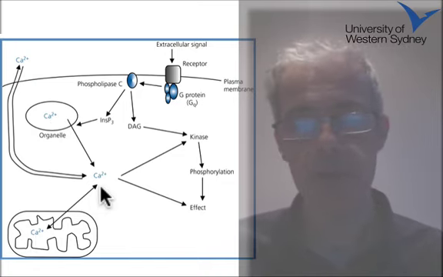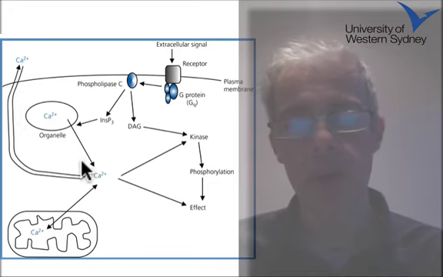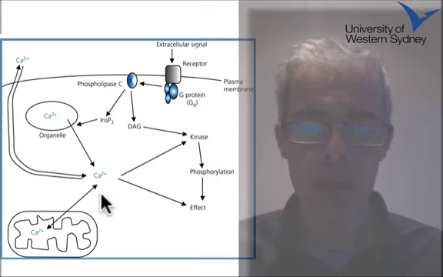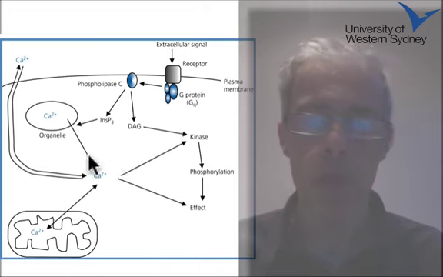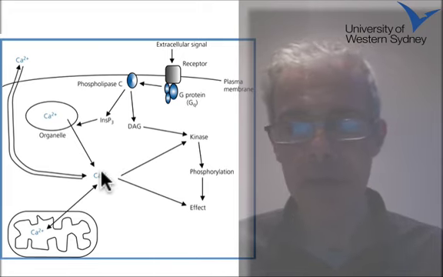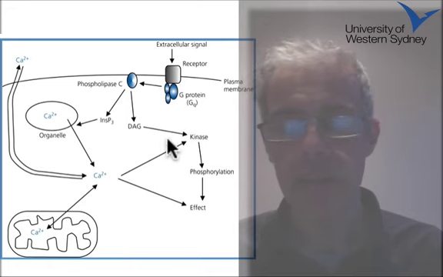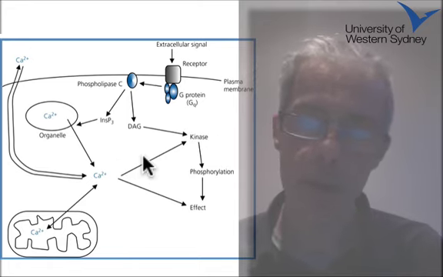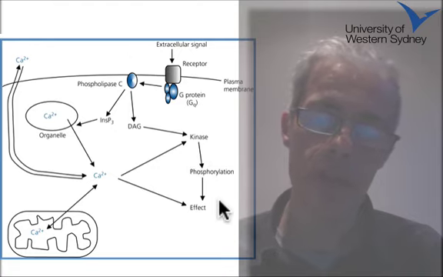Also, calcium can be released from the mitochondria, and calcium can also be pumped in and out of the plasma membrane. So the source of calcium ions within the cell can be from organelle stores or from outside the cell. The fluxes in calcium ion concentration lead to the control of various kinases, typically through calcium binding proteins, and this can control various effects within the cell.